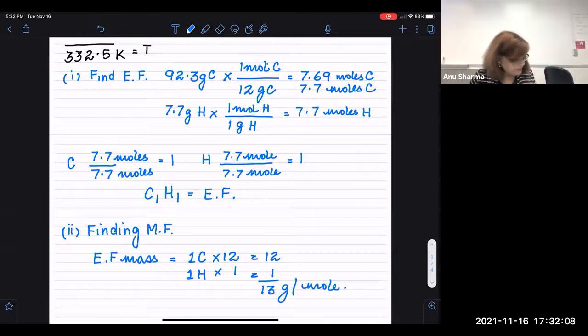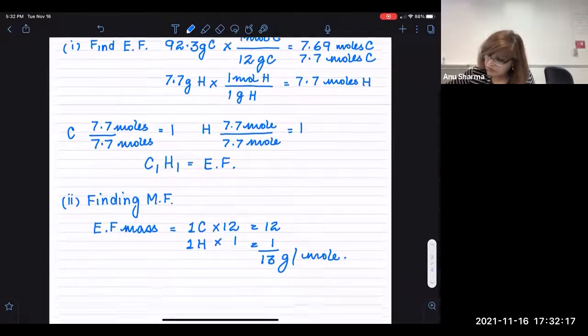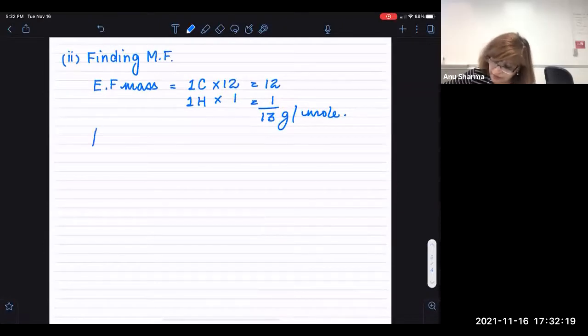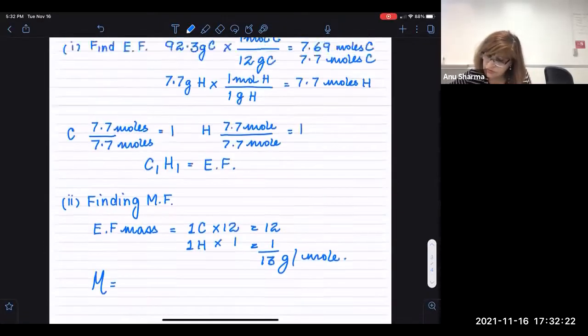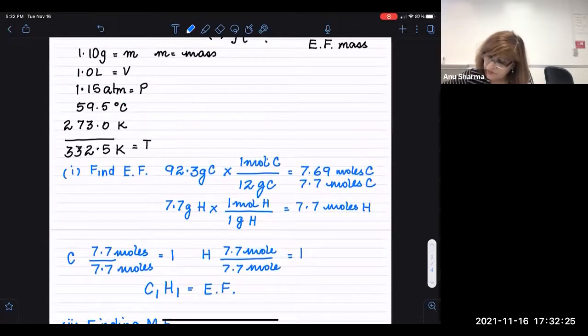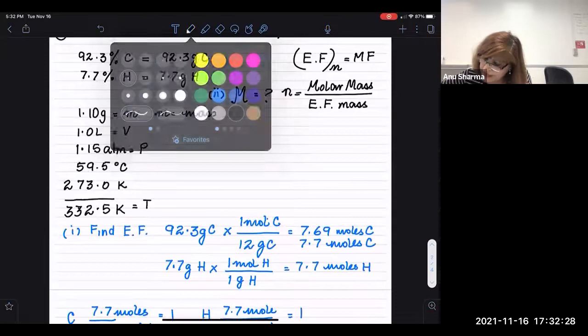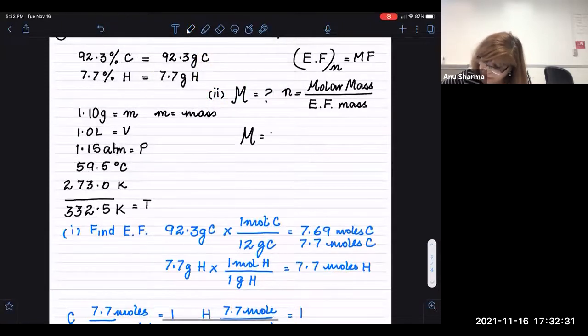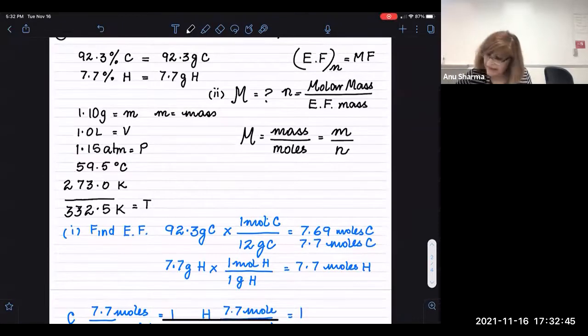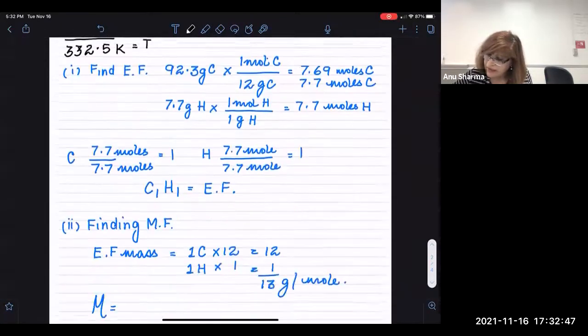The next is the molar mass is equal to the mass over the number of moles, or M over N. So you are given this gas is a hydrogen, okay, and we have the mole.